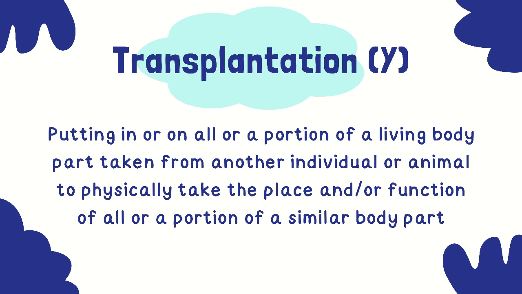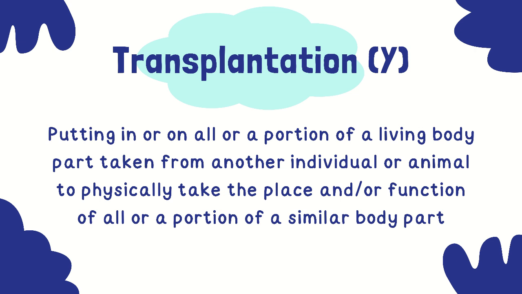All right, so first root operation, character value Y, transplantation, putting in or on all or a portion of a living body part taken from another individual or animal to physically take the place and or function of all or a portion of a similar body part.